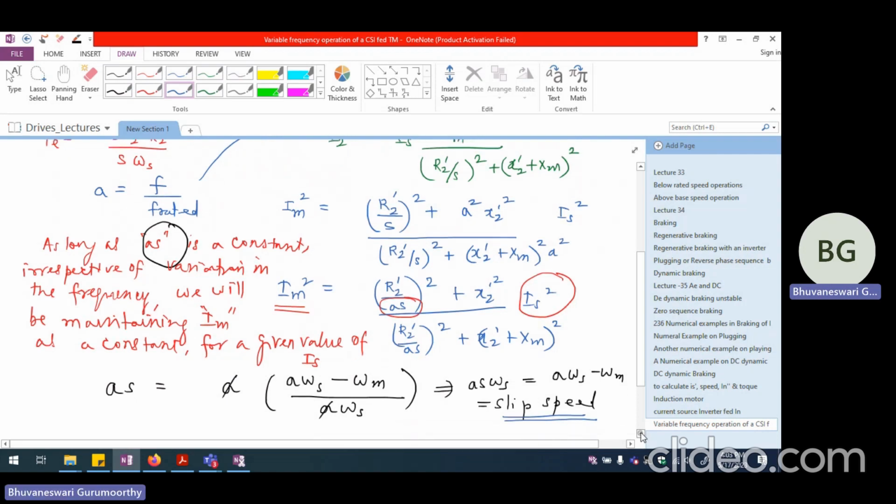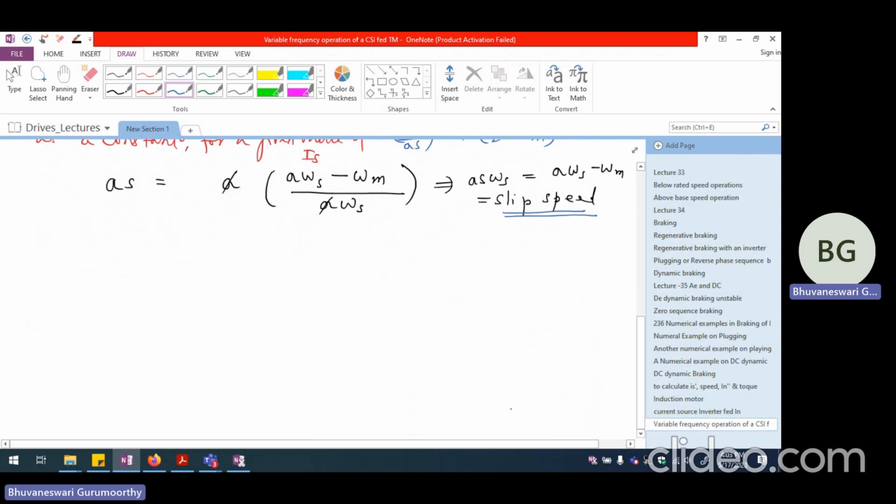So if I am talking about a slip speed of 0, at that point, I will not have any rotor current. There will not be any rotor current at all. So whatever is the current source value, that should be equal to the magnetizing current required for establishing rated flux in the air gap.